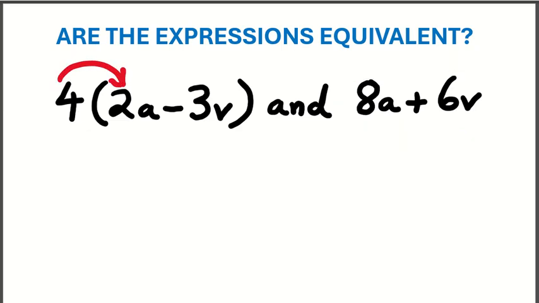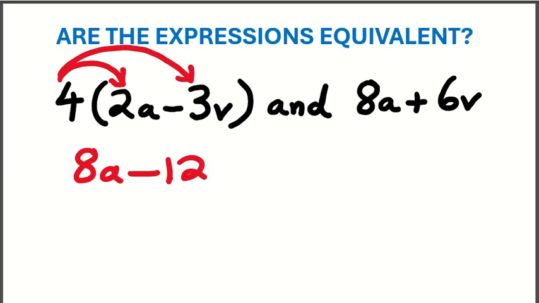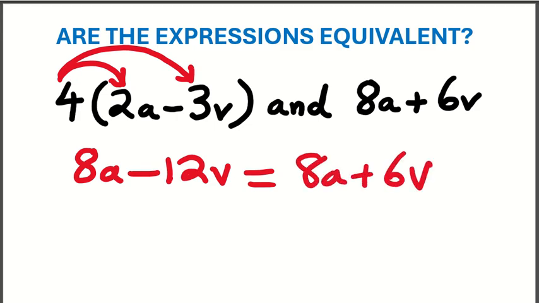4 times 2a is going to be 8a. Then I bring the subtraction sign down, and then 4 times 3v is going to be 12v. And there we have it. Is that equal to 8a plus 6v?